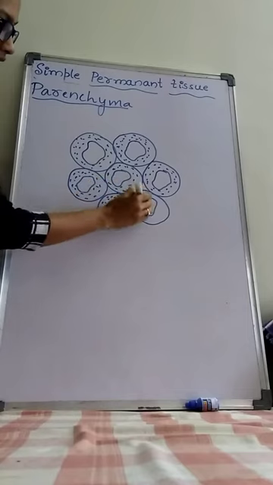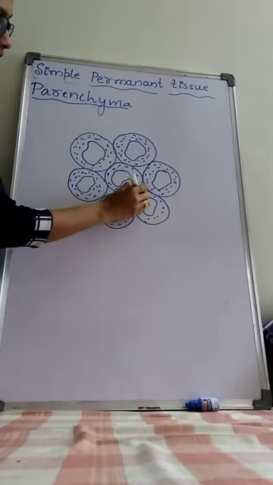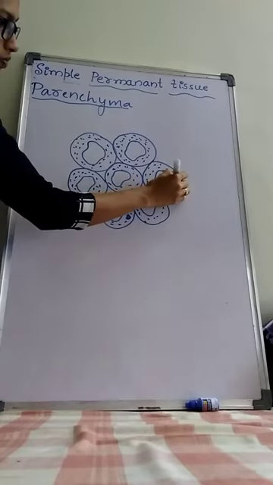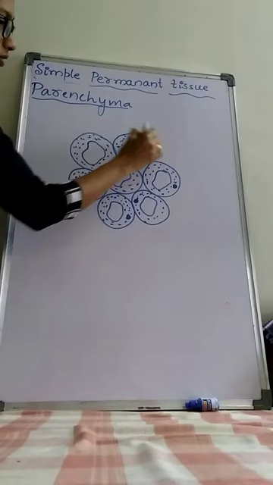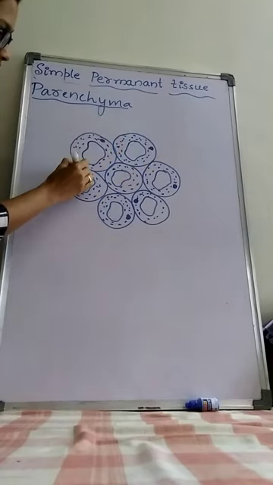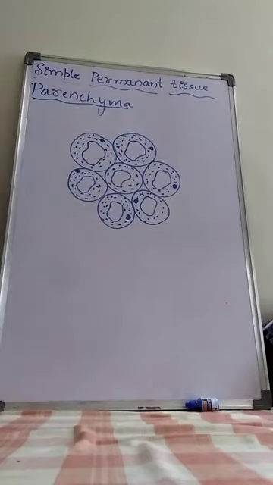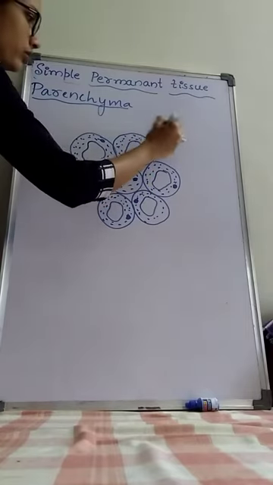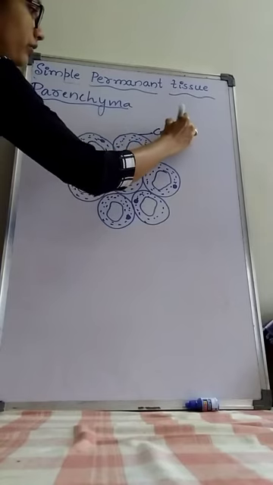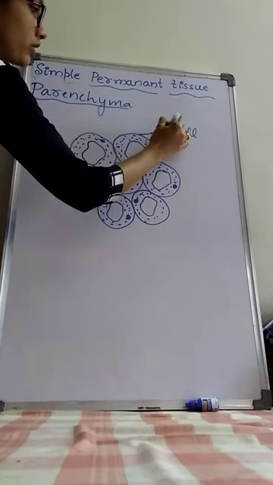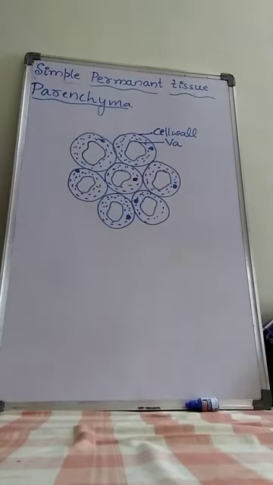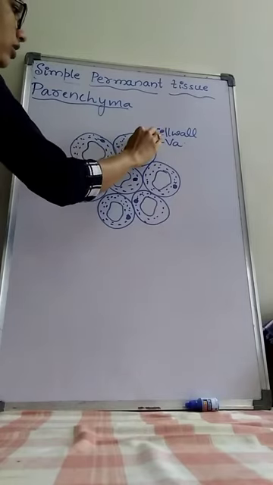This is the cell wall, the vacuole, and inside the cell wall we can write cytoplasm.